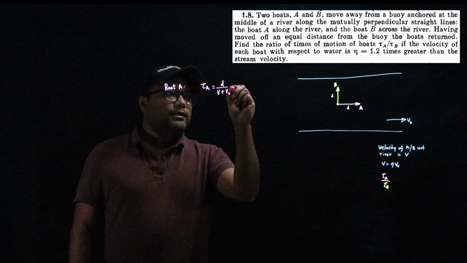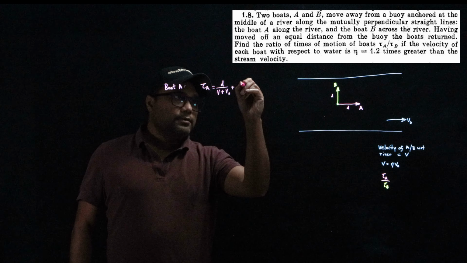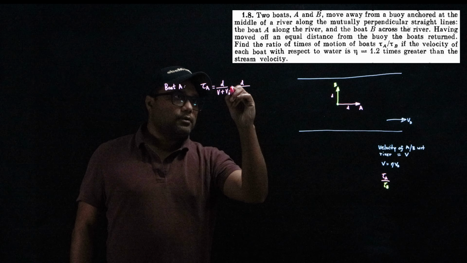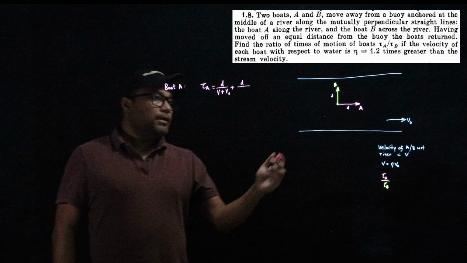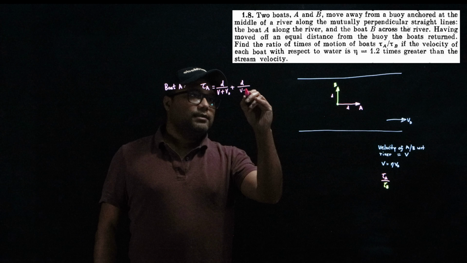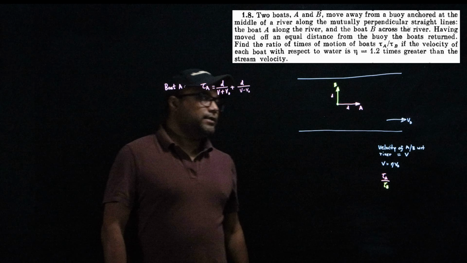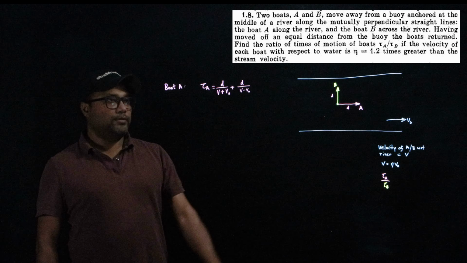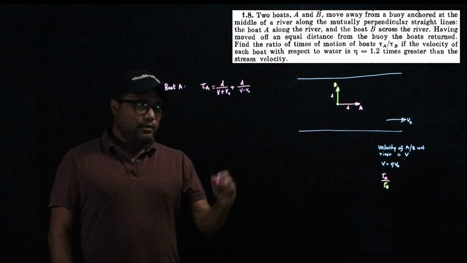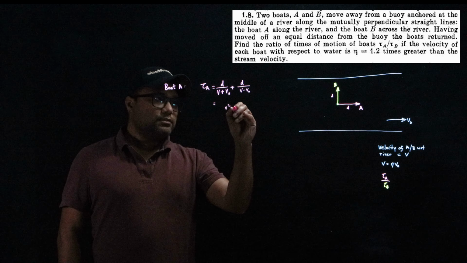Now on the return journey, again it will cover the distance d. But now the velocity is v minus v0, because it's going in the opposite direction to the flow of the river. Okay, this can be calculated pretty easily. So v square minus v0 square.